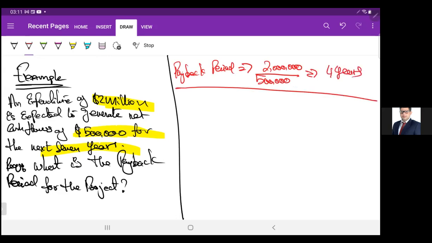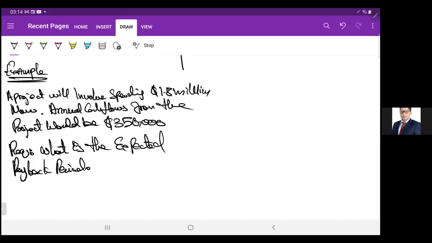Now we will do the other example. This is the example which I solved earlier at the wrong place, and once again, I apologize for that. The question is, a project will involve spending $1.8 million. Annual cash flows from the project would be $350,000.